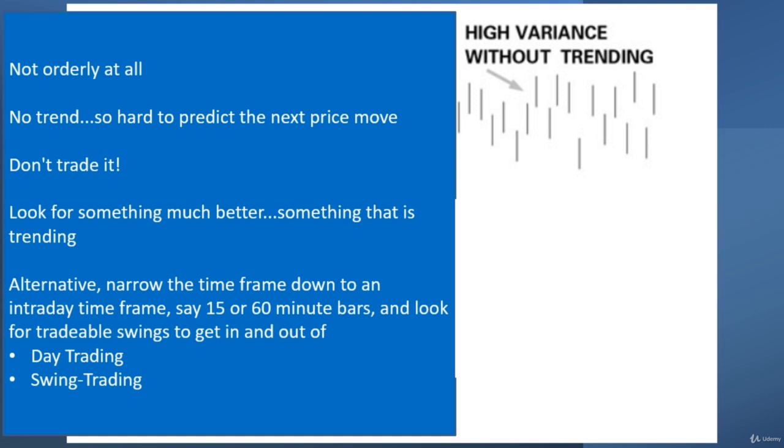Some folks looking at these shorter time periods could still trade a security they're interested in. They just might need to get in and out faster when you're seeing high variance without trending, and you're not looking at overall day trends, like this is representing here. Each one is a high and low of a day. You're looking inside each of those single day bars, trading within it, and then getting out and closing your positions.